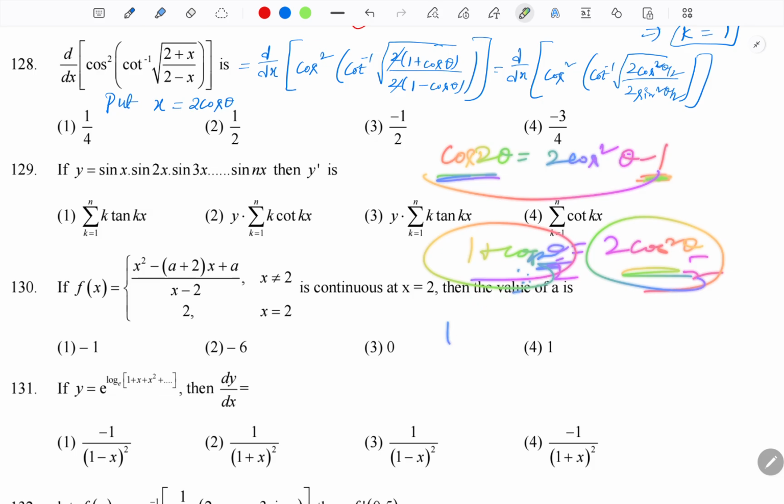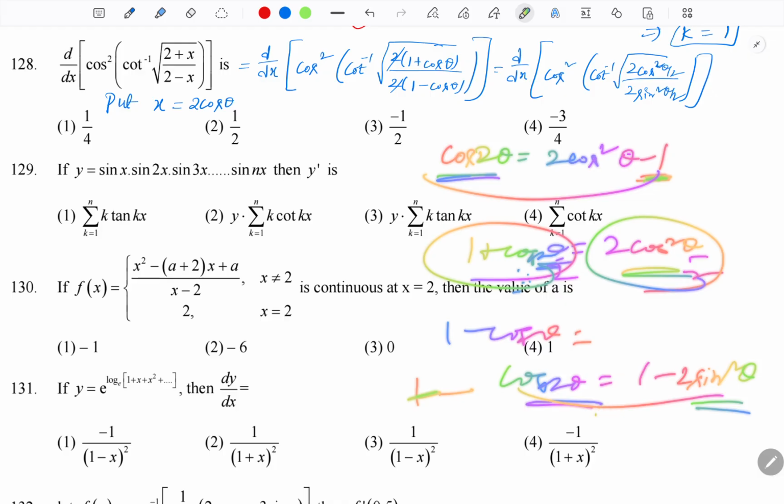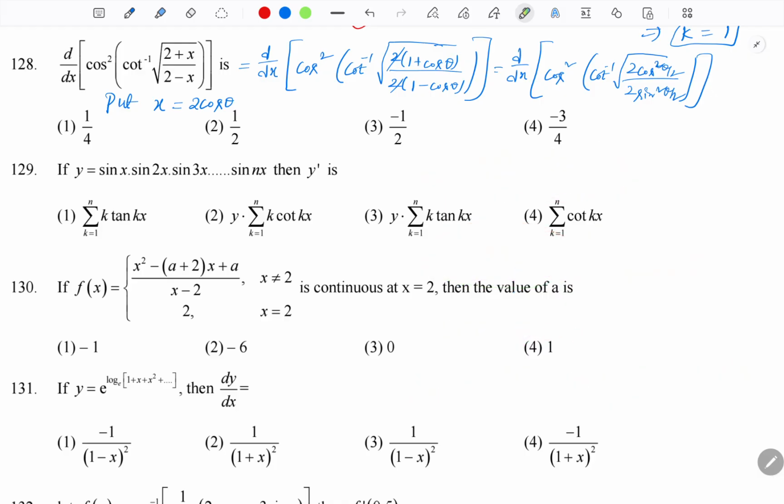As well as 1 minus cos theta, also 2 sin square. What is 1 minus that one? The second form of cos 2 theta is 1 minus 2 sin square theta. Substitute here, again same story, you will get that. Next, what is your observation here? Here 2 will be cancelled and the square root is applicable for both, so the square root will be cancelled.